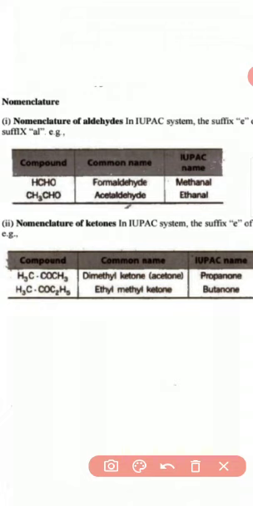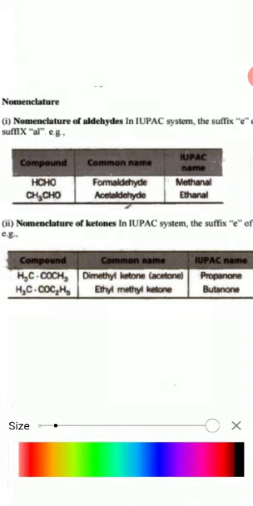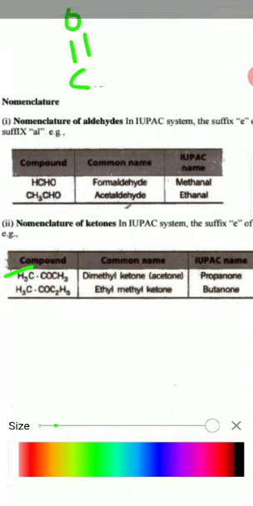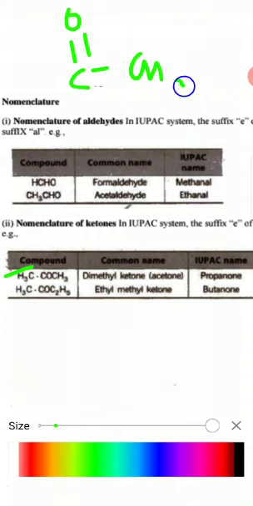See here the first example. C double bond O, one CH3 and another CH3 group. The common name of this compound is, as two methyl groups are present, dimethyl ketone, also known as acetone.